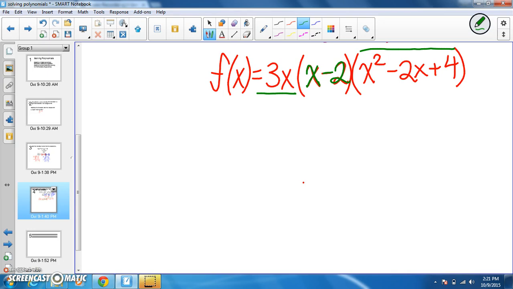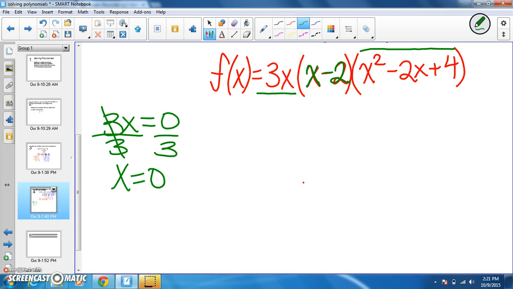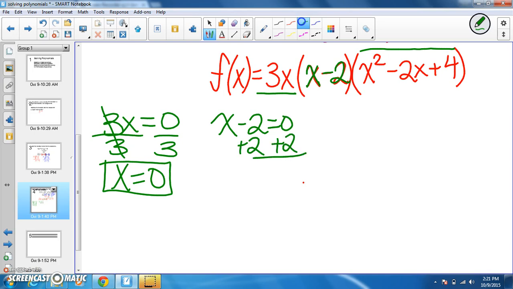So if I have 3x equals 0, divide by 3 on both sides, and x is equal to 0 for my first solution. I then have x minus 2 equals 0. I add 2 on both sides to isolate x, and x is equal to 2 as my second solution.